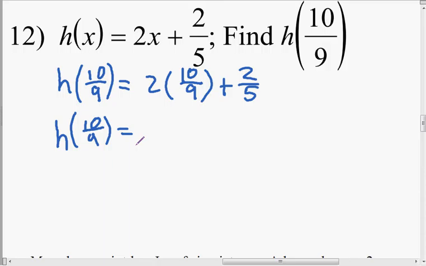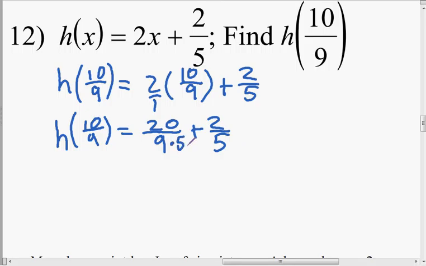Two times 10 over 9, that's the same as 2 over 1 times 10 over 9. We multiply the numerators, we multiply the denominators. 20 over 9 plus 2 over 5. And I have to get a common denominator. The easiest way to do that is 5 times 9.